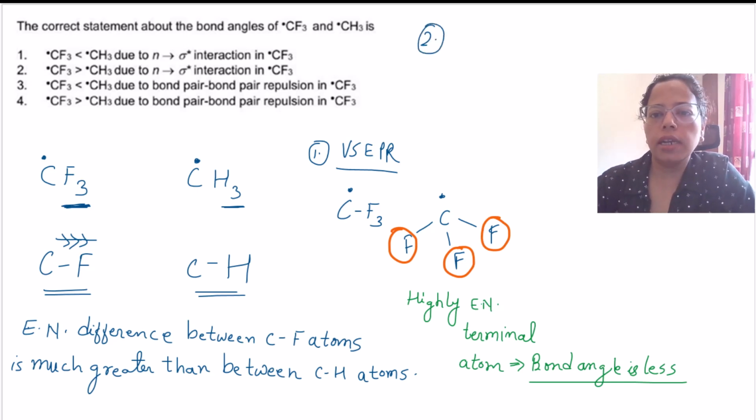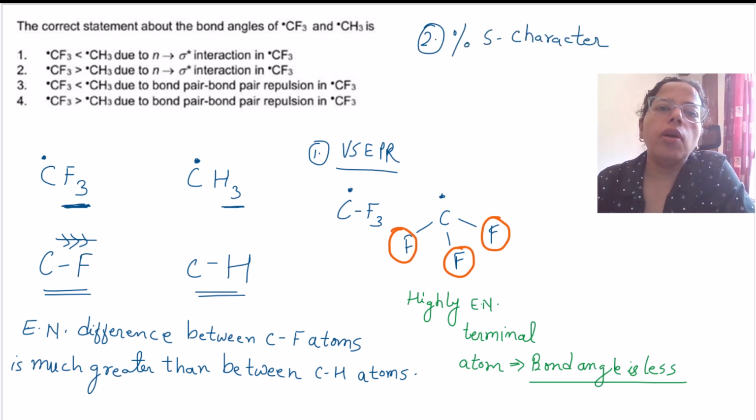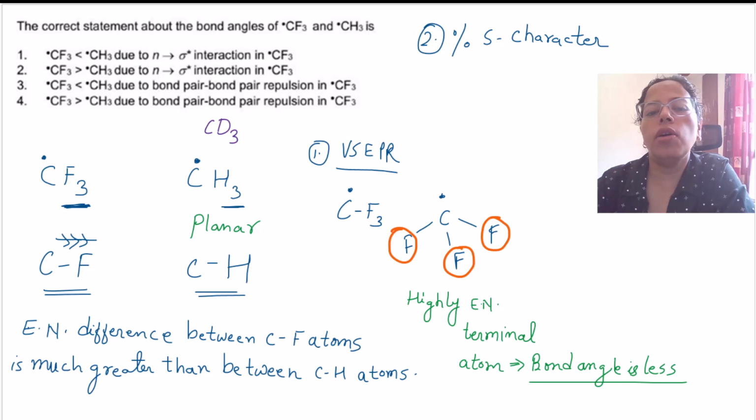Now the second explanation. We also know from our knowledge of free radicals that CH3 has a planar geometry, as do other radicals like CD3, with deuterium instead of hydrogen, and CR3 alkyl groups attached to the carbon free radicals. All of these free radicals have a planar geometry.